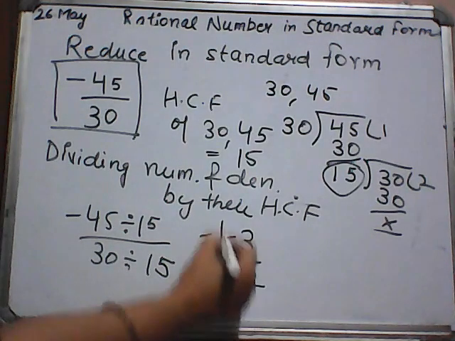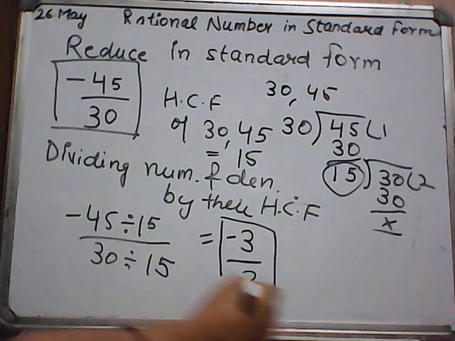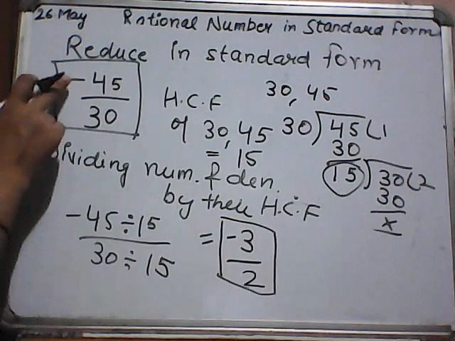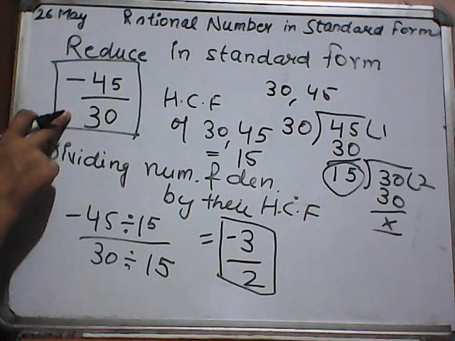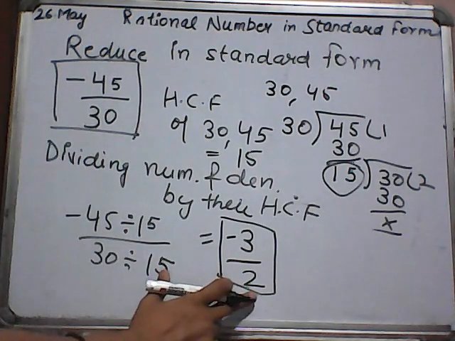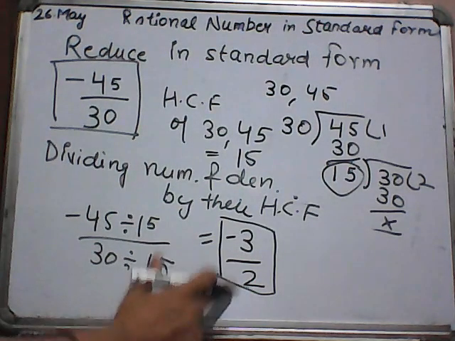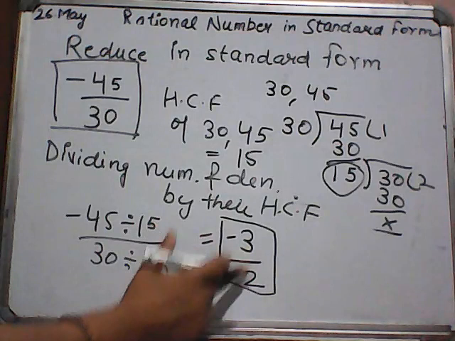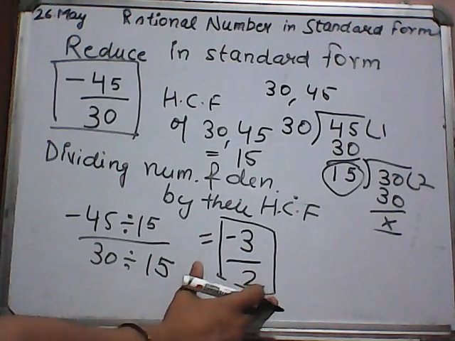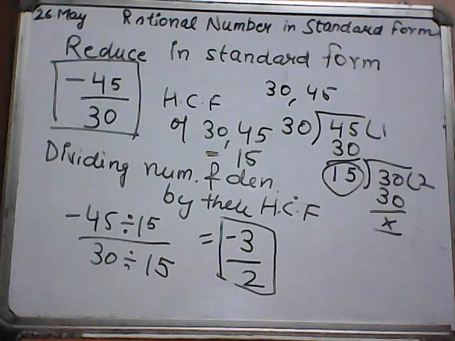Now minus 3 by 2 is the standard form of minus 45 divided by 30. You can check: denominator 2 is a positive integer and there is only one common factor between the numerator minus 3 and 2. That's why it is in standard form. In this way, you can reduce to standard form. Let's take another example.